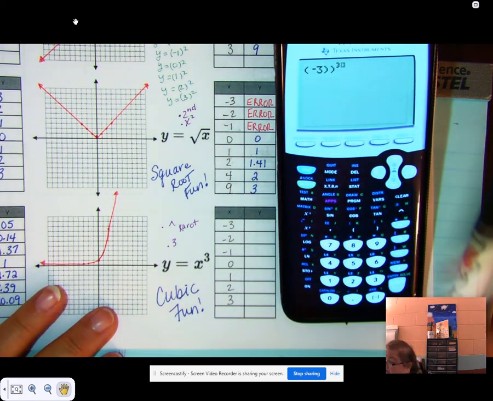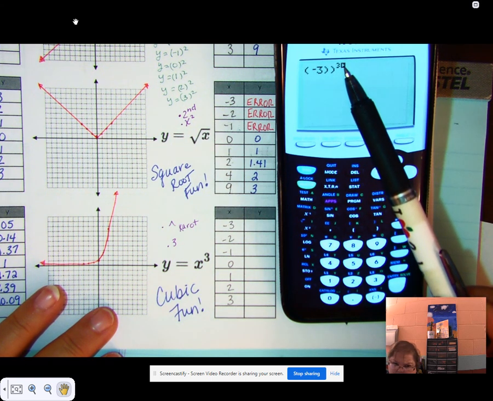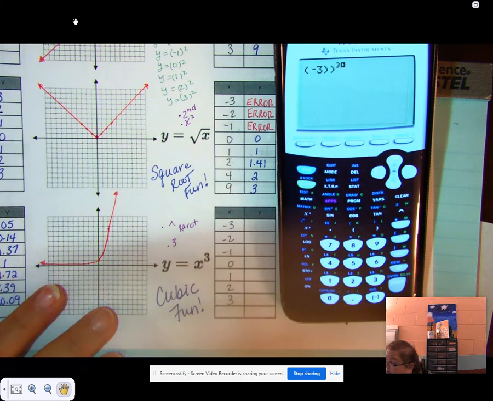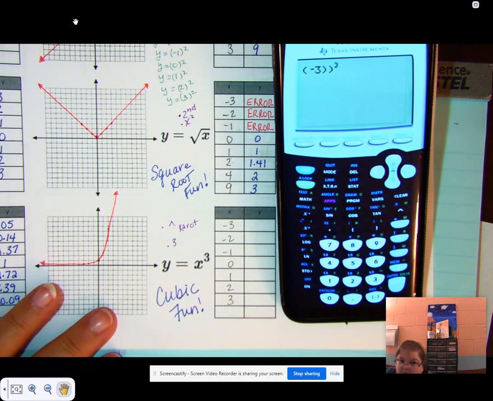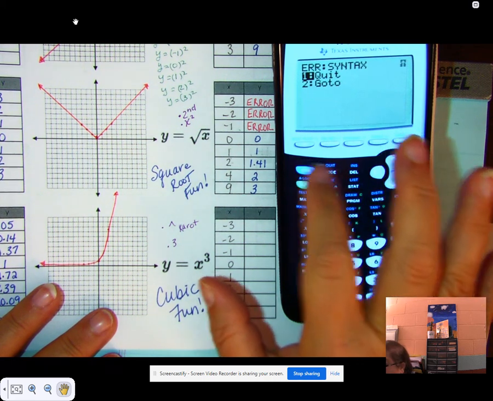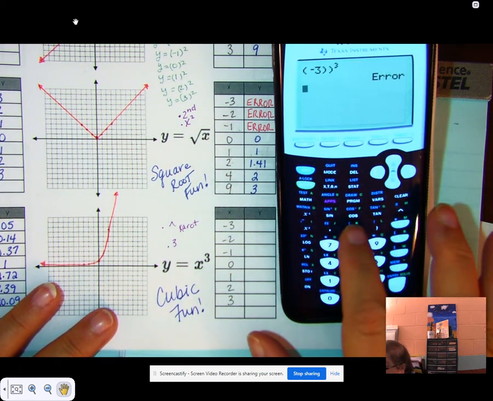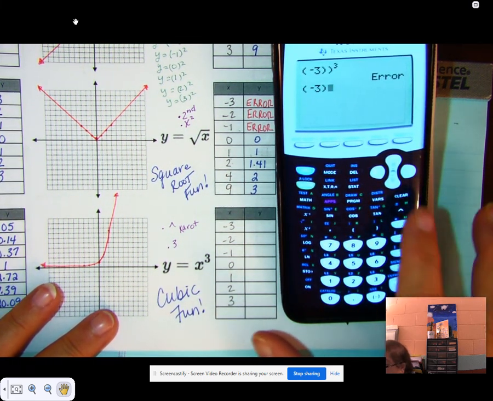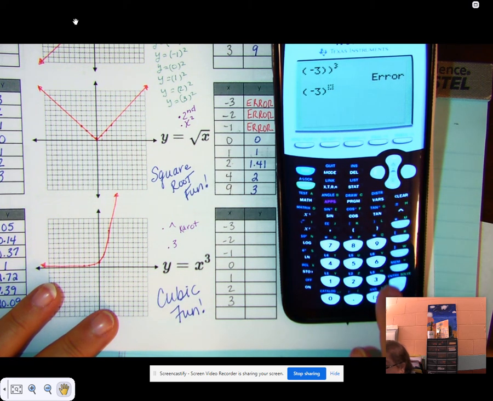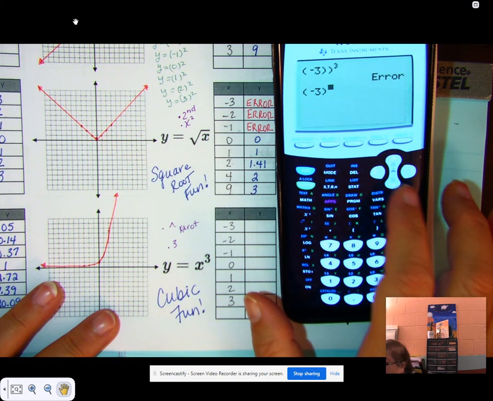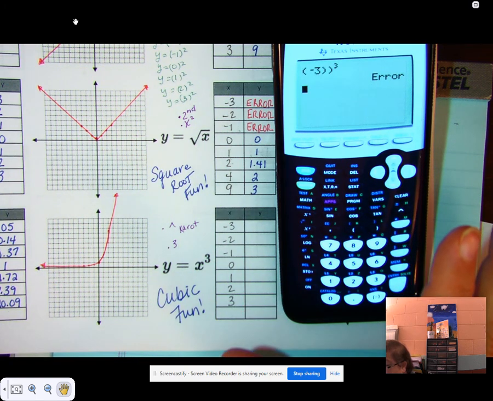I want you to notice how this is blinking. It's an arrow blinking. And what it's asking you is, are you done with the exponent? If you are, you're going to need the arrow to the right to come back down. Okay? Now, oh goodness, I got 2 parentheses in there. Let's try that again. -3, close, raise to, no. I apologize.